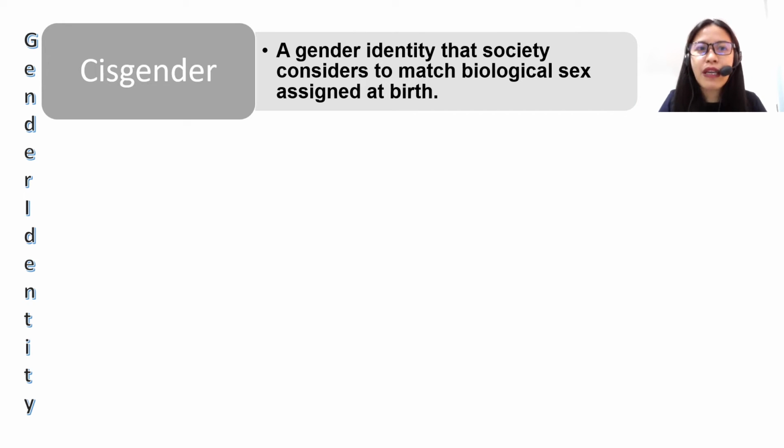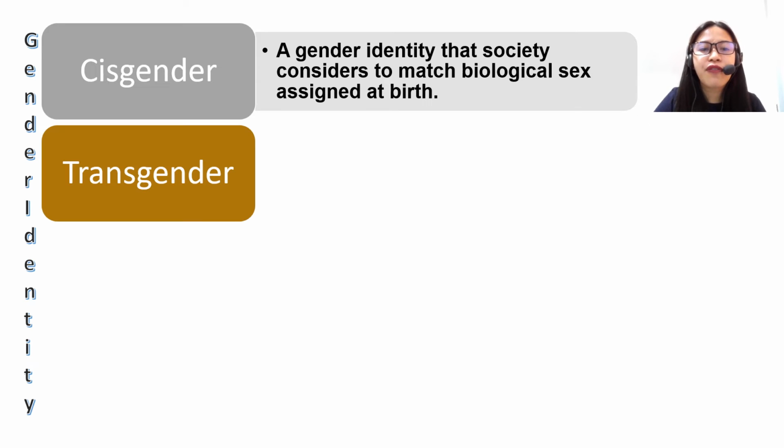Which means to say, if you have a vagina, then you are a female, and if you have testosterone, then you are a male. If you have both, of course, we call them intersex. And cisgender is a gender identity for those people who match their biological sex assigned at birth.